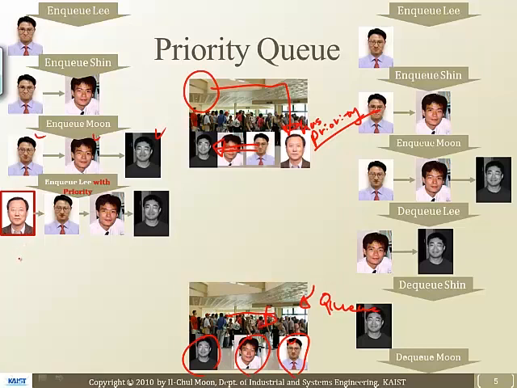There is one particular word that epitomizes the characteristic of the queue, which is FIFO. Can you recall what this means? It is first in, first out.